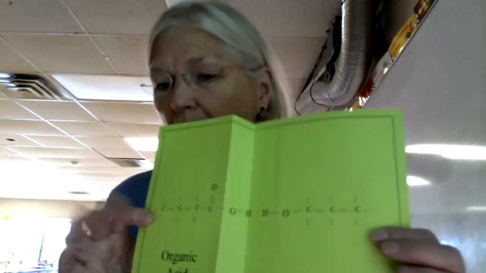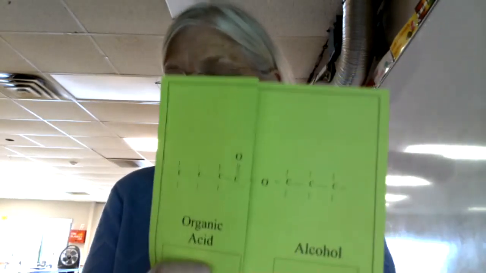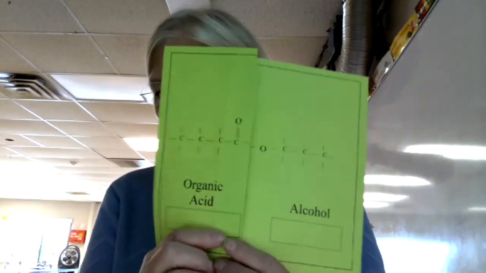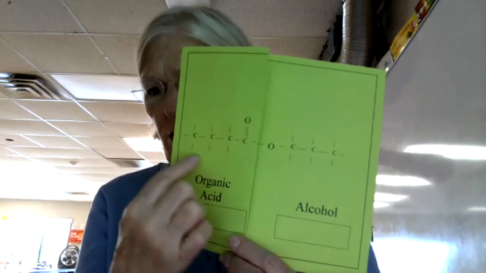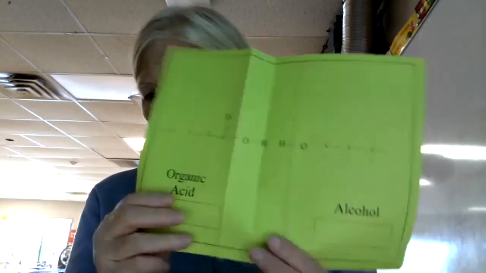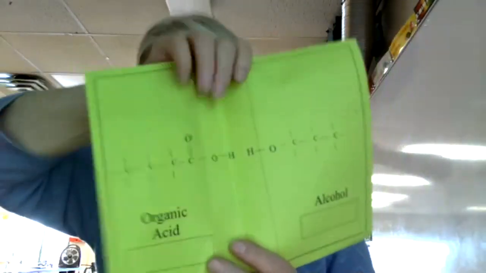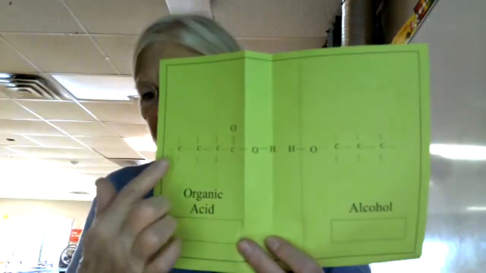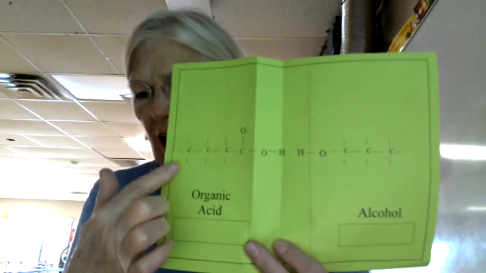All right, so we are down to esterification, and esterification has a foldable that goes with it, and the foldable might be of use to you. The foldable which you have is where you have an organic reaction here. If you open up the foldable, you see that this is a particular organic acid.